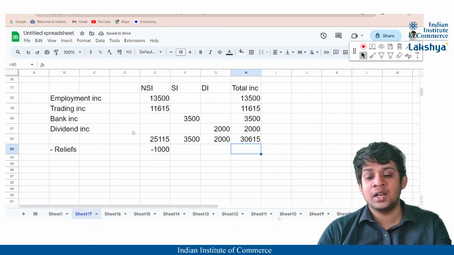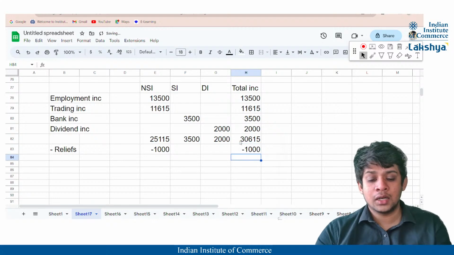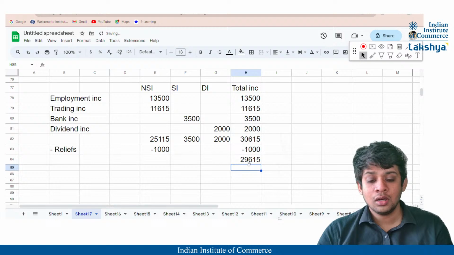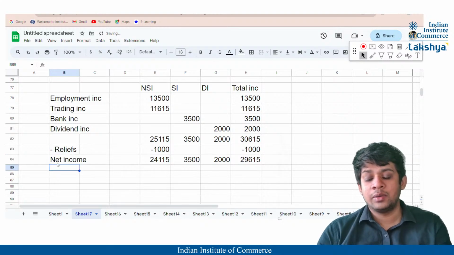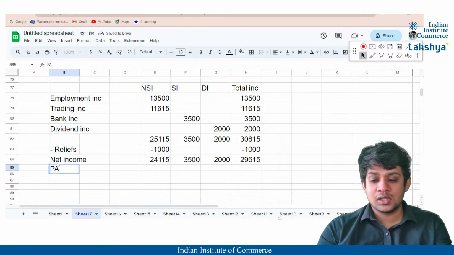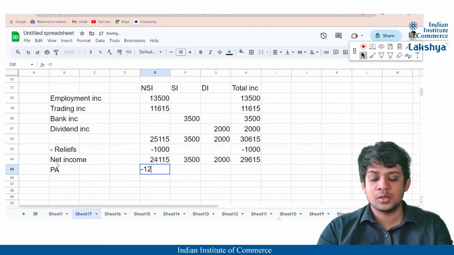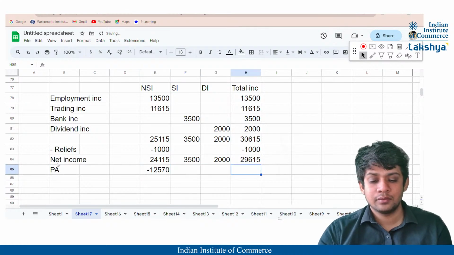Obviously, interest paid will be related to my non-savings income, and 1,000 will be deducted here. So the net income will be this. Now from this, the personal allowance will first be deducted, that is 12,570.